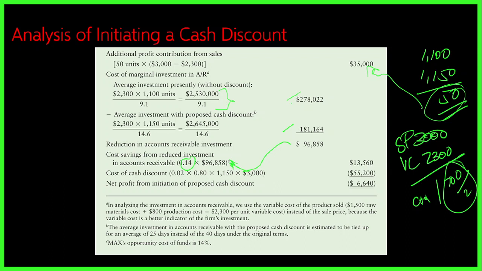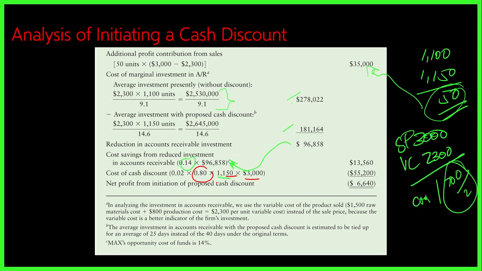Okay, so ayun. Kunyari, masaya pa rin kayo at gising pa rin kayo. And now, let's continue. Aside from that, there will be an increase in your cost in terms of discount. Kasi dati hindi ka nagpapa-discount. Ngayon, magpapa-discount ka na. Okay, so from your new sales, which is 1,150 units, this one times the sales times the percentage that will avail.